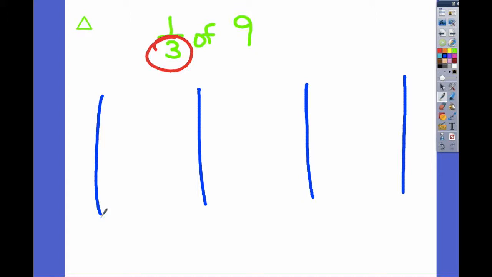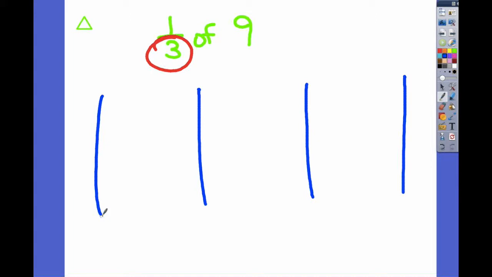Because remember, we've had that talk about how people enclose things and then they just scrunch it in. And then you have no idea what your number is going to be because you don't know how many shapes you have in the space. So I'm going to take the number 9 and I'm going to break it up into these 3 parts.